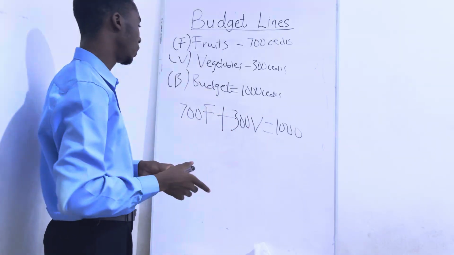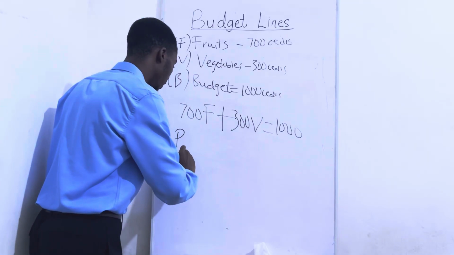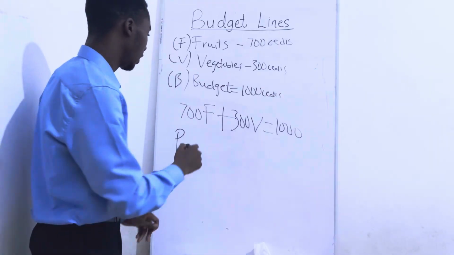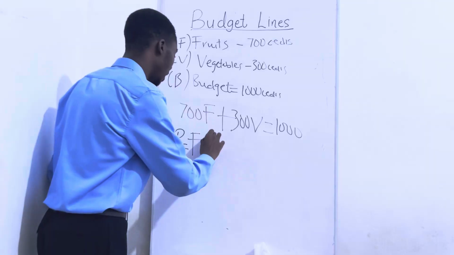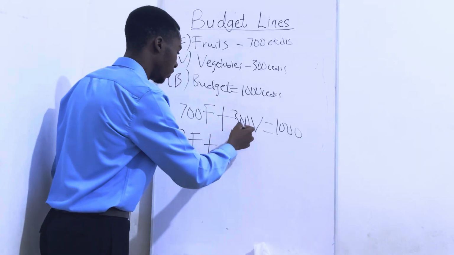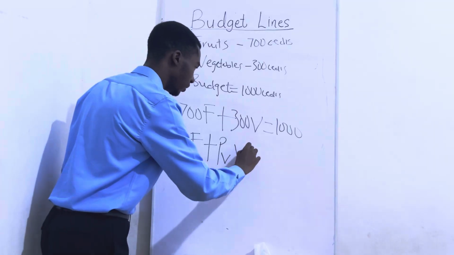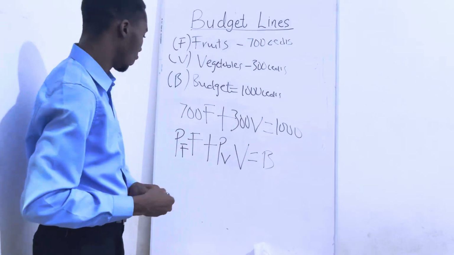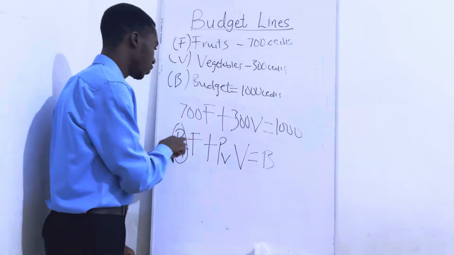So if you want to write it, we can just say the price of the fruits, that's our 700, times F, which is the number of fruits you bought, plus the price of the vegetables, which is P of V, times V, is equal to B, which is our budget. You get it? So the price of the fruits, which is this one here, is the 700 you see.